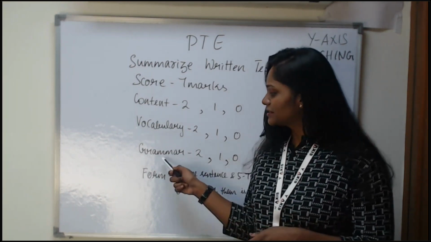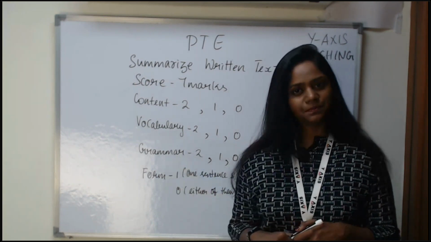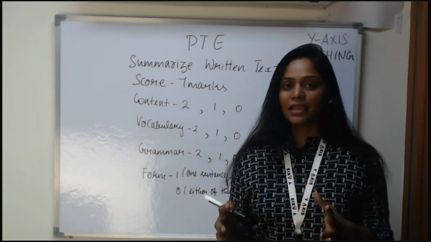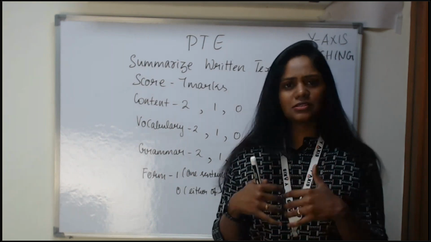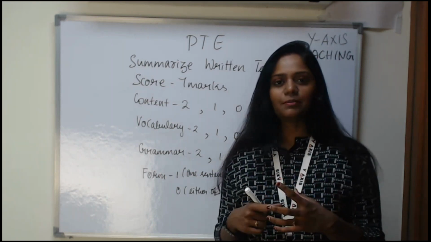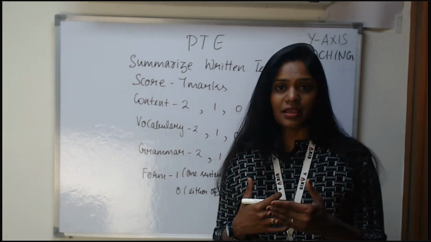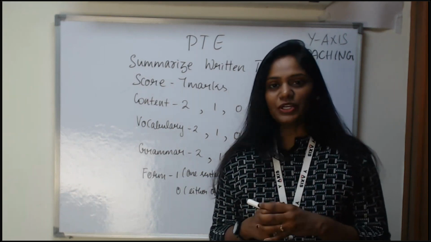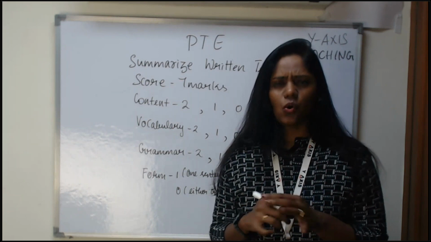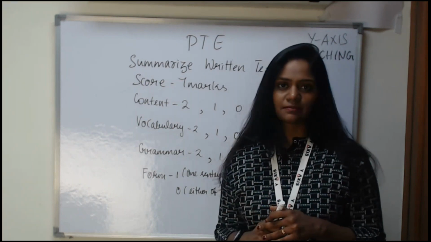The next criterion is grammar. When we combine our ideas together, we are going to summarize the text, right? So obviously we'll be using different sentence structures to convey our ideas. If there is no grammatical error, we get 2 marks.